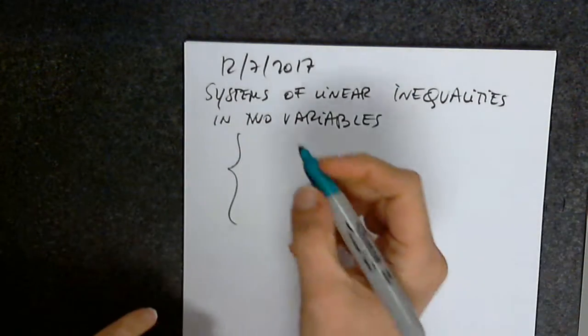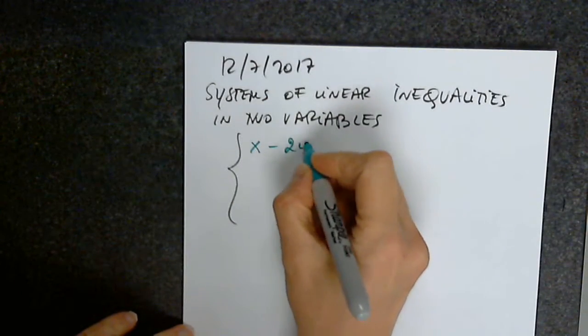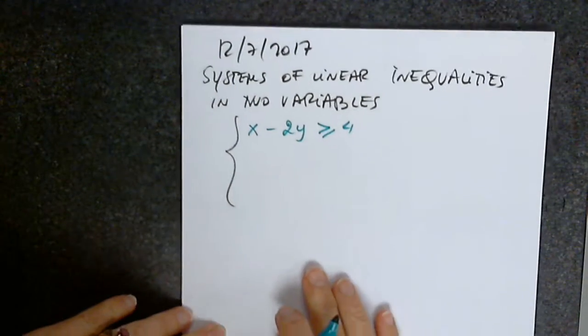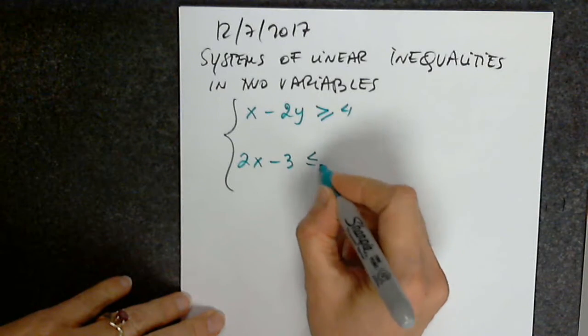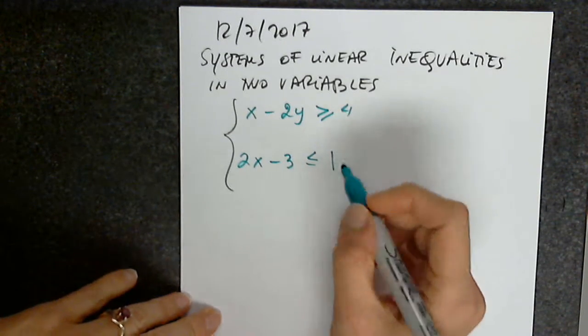End of chapter 9. Okay, you don't want to give an example? I will then. x minus 2y greater than or equal to 4 and 2x minus 3 less than or equal to 1.